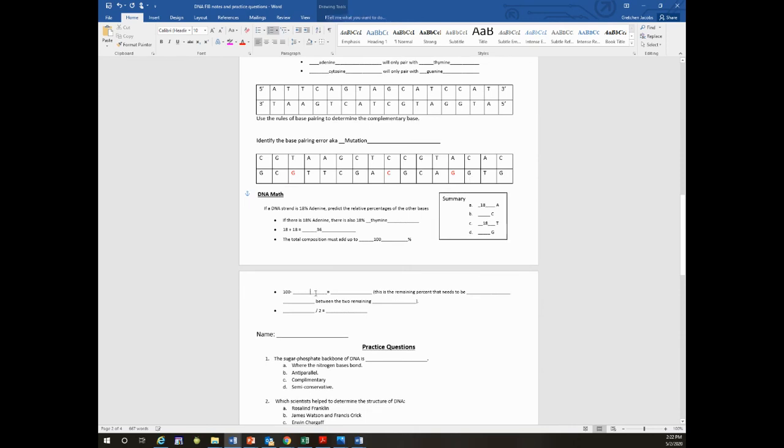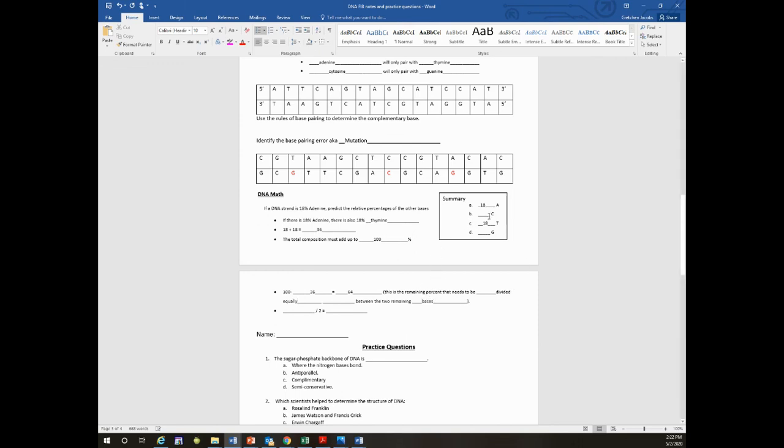This means the remaining percent needs to be divided equally between the two remaining bases.